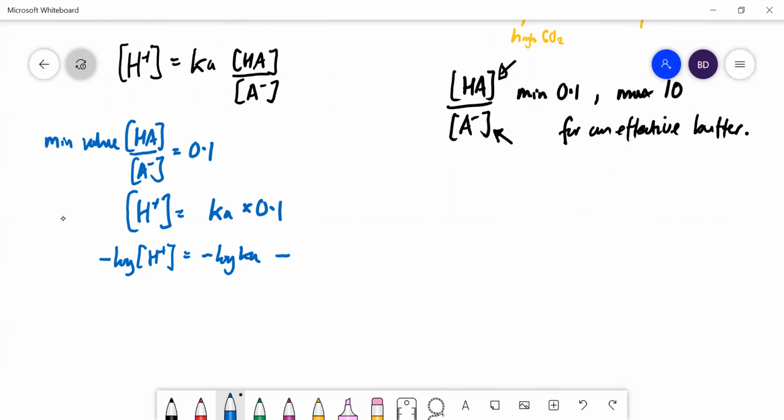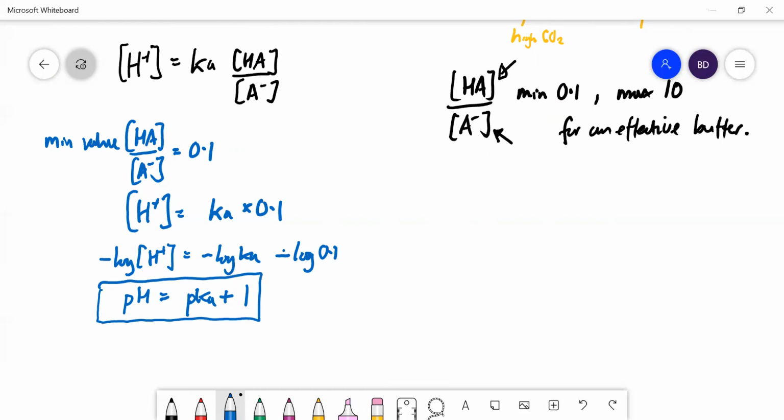Remember your log rules, it's going to be minus log 0.1. Right, let's do a bit of substitution there. We know that minus log H+ is pH, and minus log Ka is pKa. The log of 0.1 is minus 1, so that's pKa plus 1. So when you've got the minimum value of the fraction, that's your pH value there.